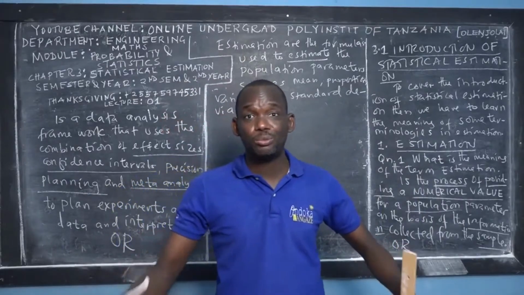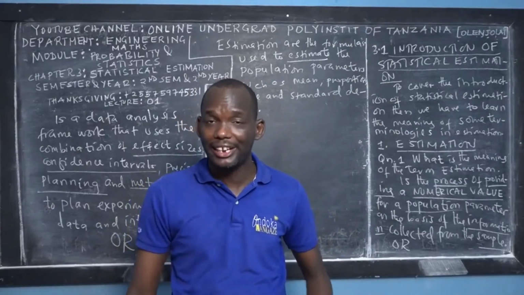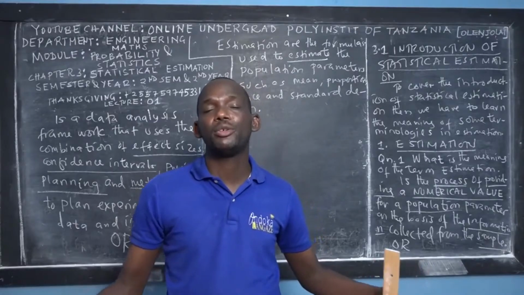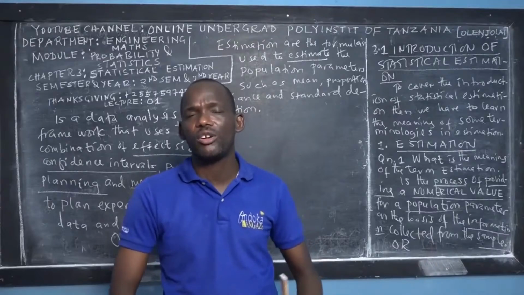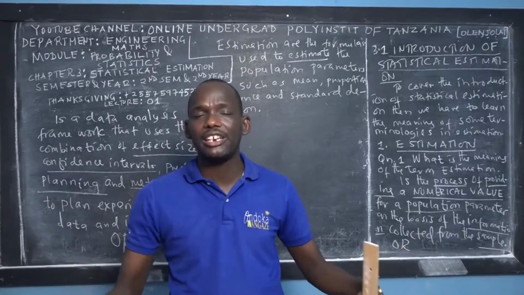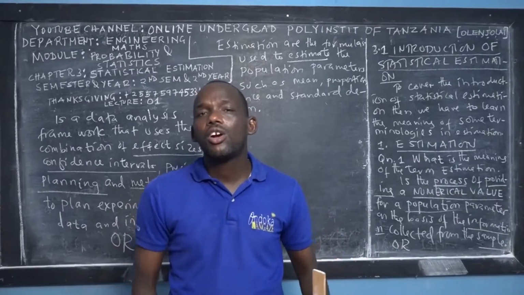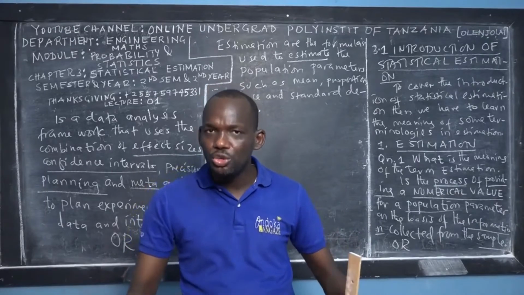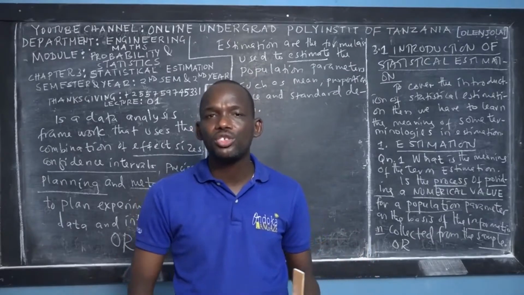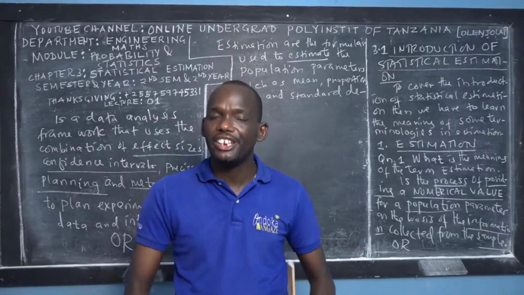Now, rather than spending a lot of money and time dealing with a big population, for example, if someone wants to do research on coronavirus or any pandemic disease and how it affected the economies of African countries, the population of Africa is huge. You cannot interview them or give them questions. It is difficult.